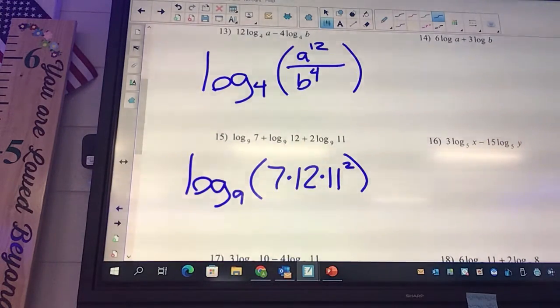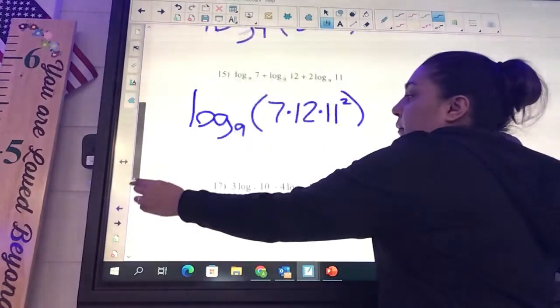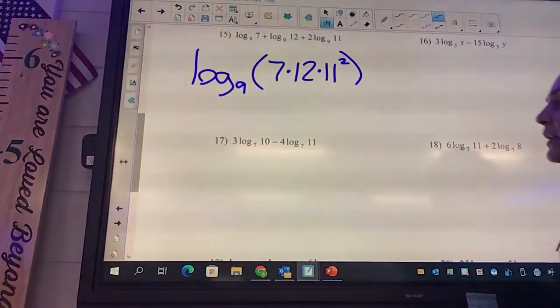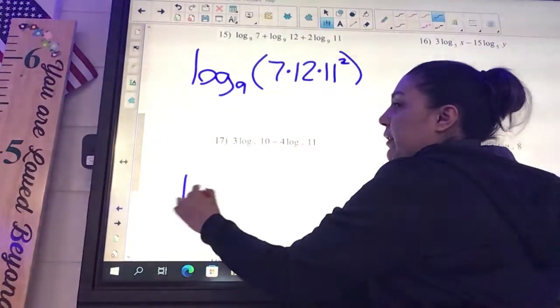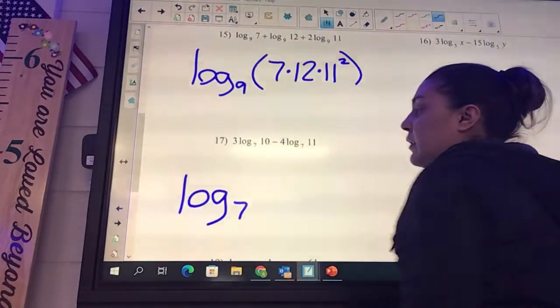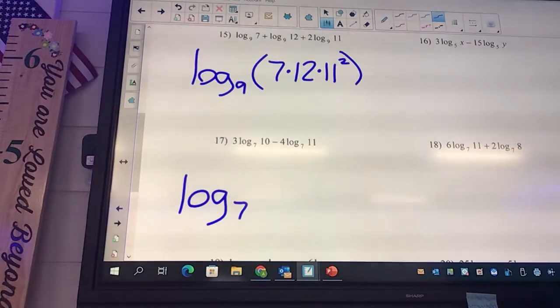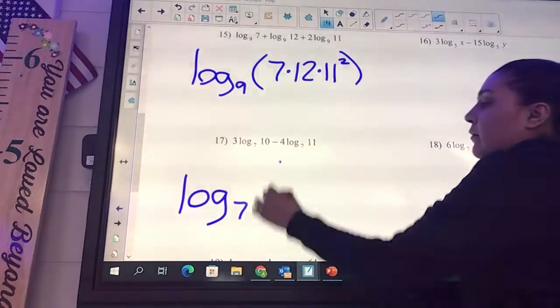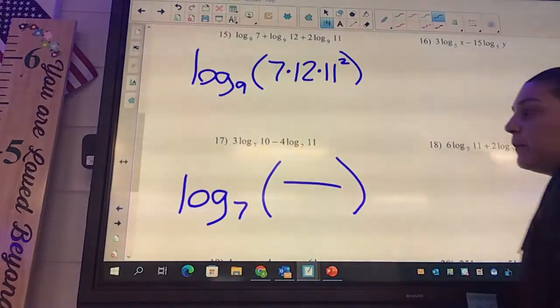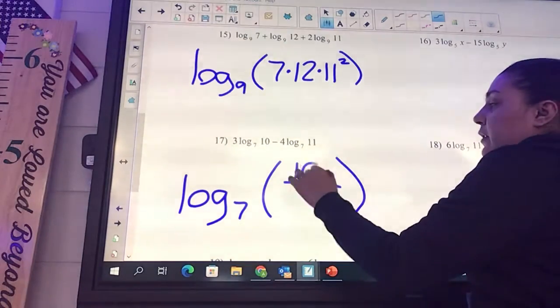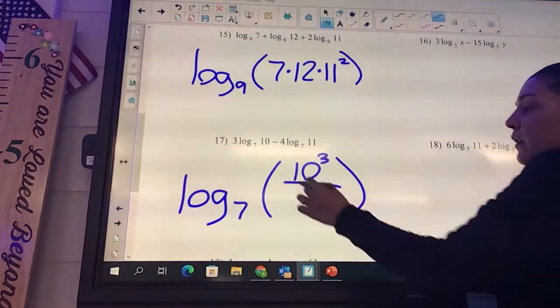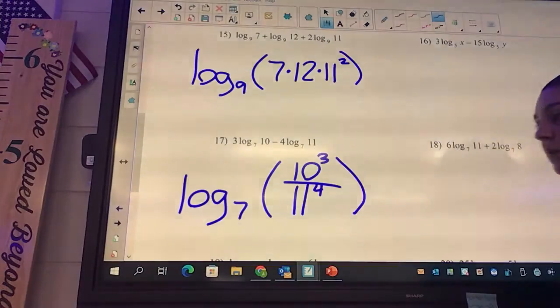Mm-hmm. Okay, 17, you're going to get log 7. Division or multiplication? Division. What are you going to get on top? 10 to the third power. Over 11 to the fourth power.